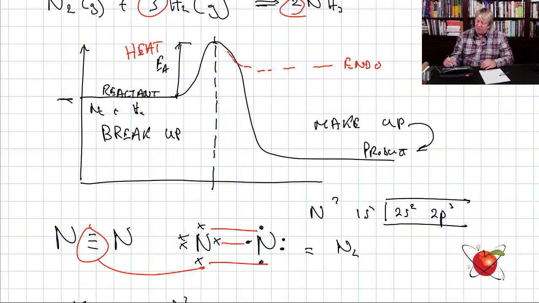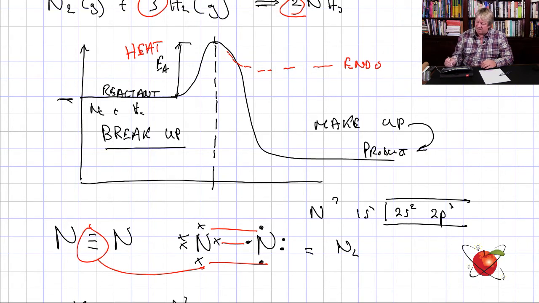So in essence, in any of these calculations, what do we do? First of all, we look at our reactant side. What is reacting with what? Let's just go back up to the graph where we started. We've got the breakup and the makeup, all right? You can see it there. We start on this side.